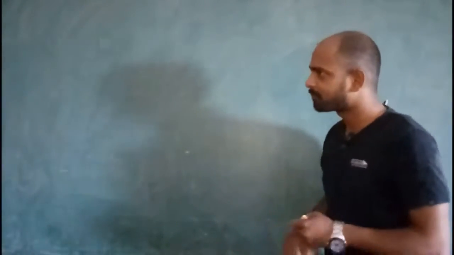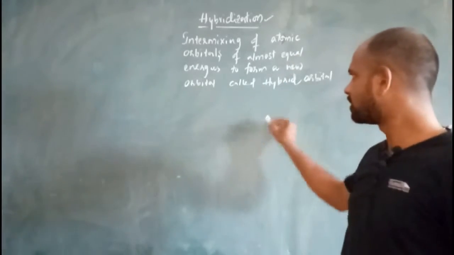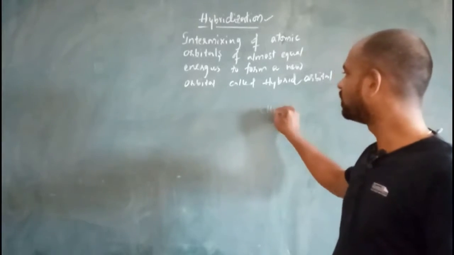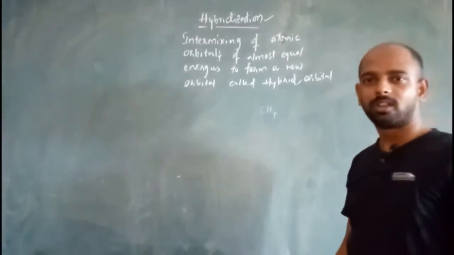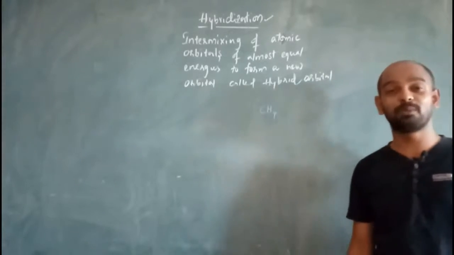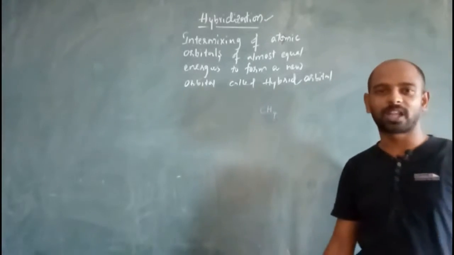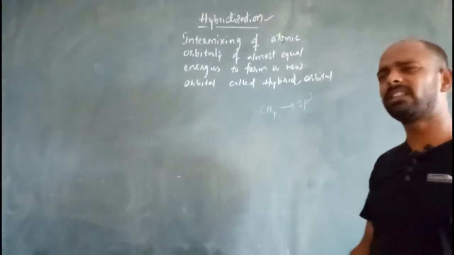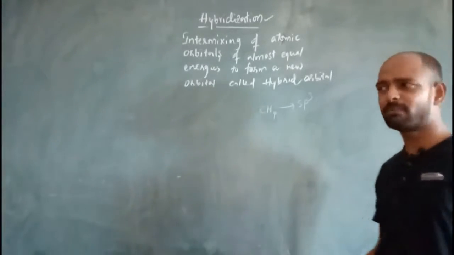So according to our syllabus, what is the hybridization of CH4? You have memorized this a lot of times. It is sp3 hybridization. So how can you explain this sp3 hybridization?